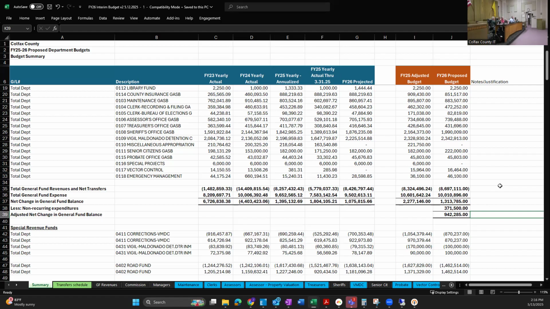Departments were provided a draft of this a couple of weeks ago and provided comment on their own individual department budgets. Can you go ahead and send each department theirs so they can review it? Yes, I'll send out the current draft, or if it's okay, Commissioner Trujillo, I'll send it to you to disseminate. Yeah, that's fine. Either way works.